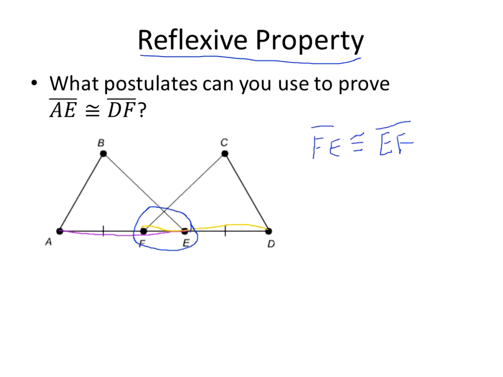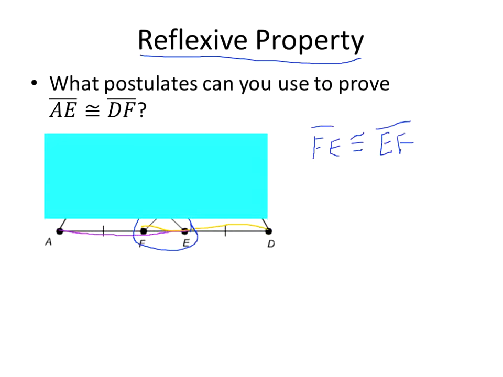The other thing I see is if I ignore the top part, so I'm going to kind of block the rest of this out, I see a line segment at the bottom.